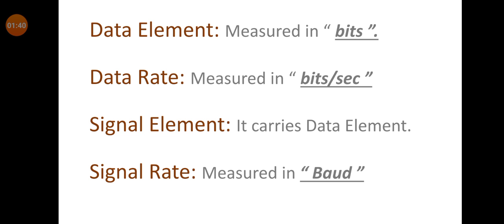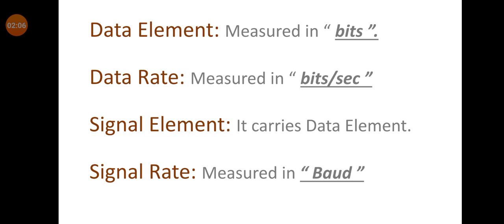It is also called bit rate. Bit rate means the number of bits transmitted in 1 second. Data rate or bit rate is measured in bits per second. The unit used to measure data rate is bps, which means bits per second.